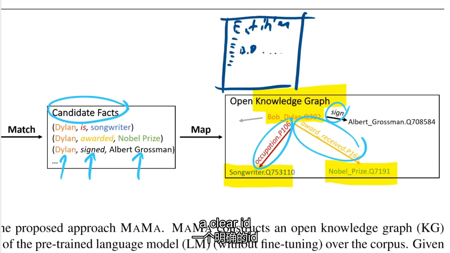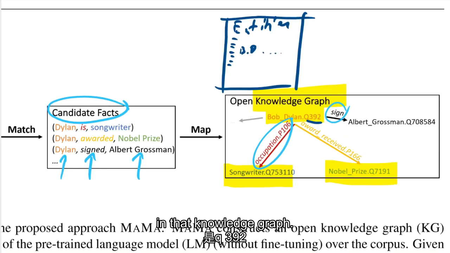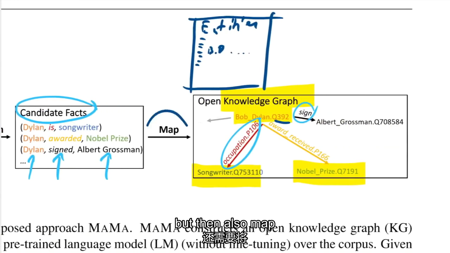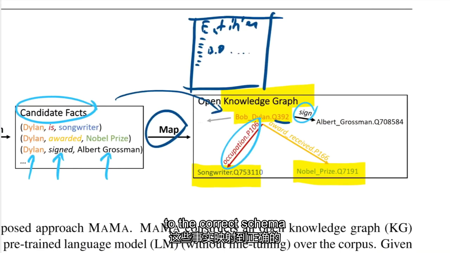And it has a clear ID. In this case, you see the ID is Q392 in that knowledge graph. And the system not only needs to extract these facts, but then also map these facts to the correct entities, to the correct schema entries.